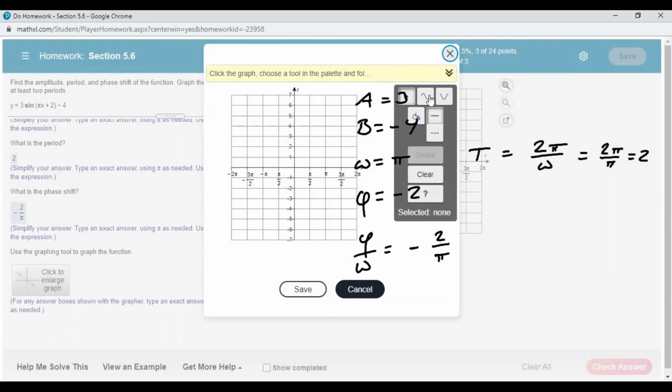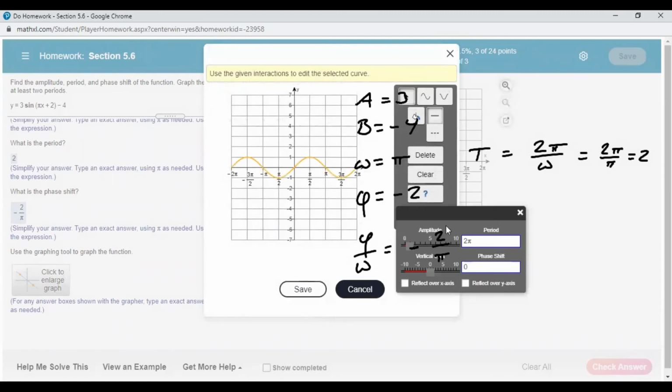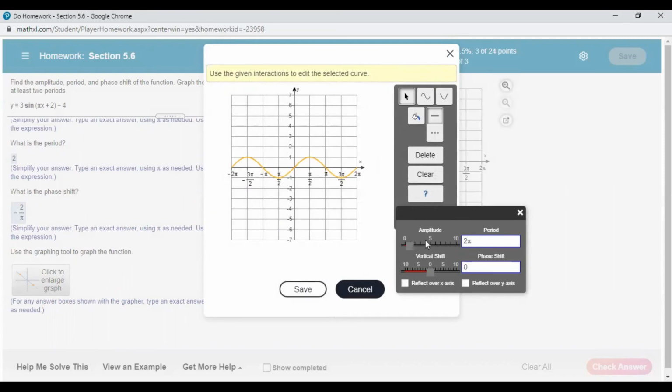What do we have here again? It's a sine. So click the graph. Let me clear my stuff here. Okay, amplitude. So the amplitude was 3, just like before. The period was just 2. Okay, vertical shift.